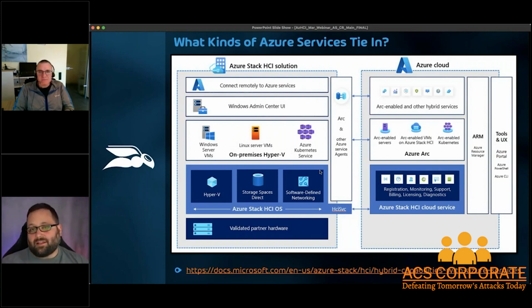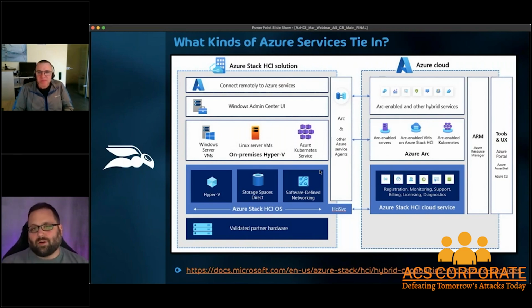And then the other big thing on the Azure side is you've got what Microsoft calls Arc-enabled services. Mm-hmm. So Azure Arc is a service in Microsoft Azure that basically creates a unified management plane inside of Microsoft Azure where your Azure Stack HCI solution just shows up as a resource in Arc inside of the public Azure cloud for you to manage and monitor and conduct all of the stuff that you need to do with it right there from within Azure.